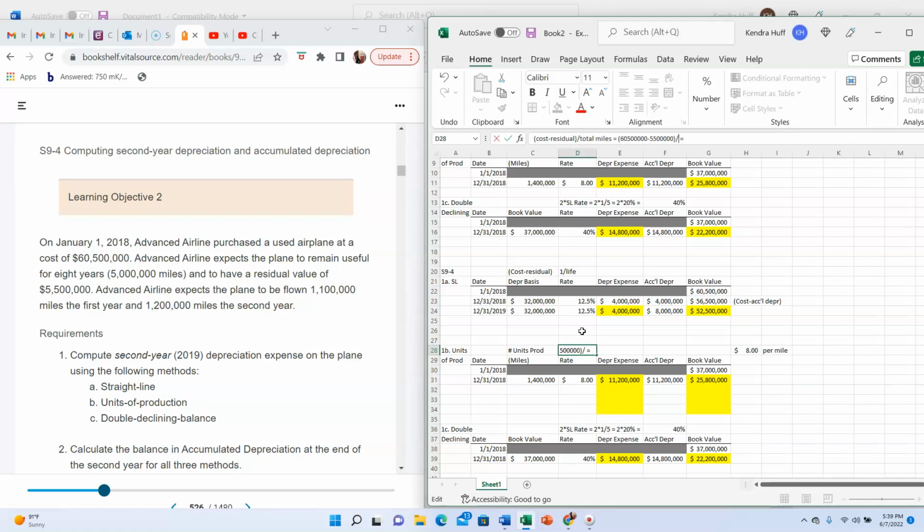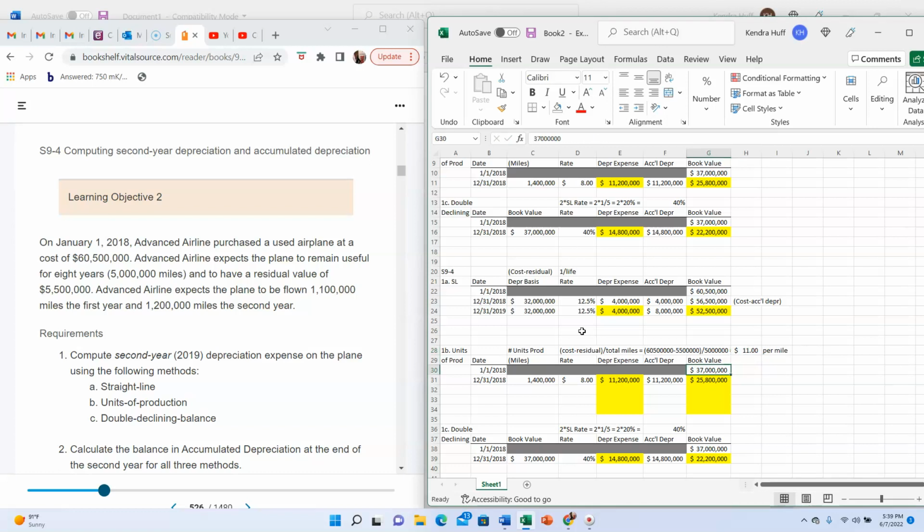And then divided by 5 million miles. So that's $11 per mile.